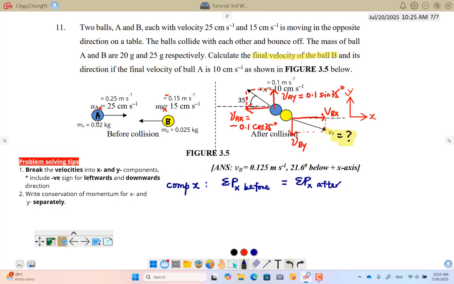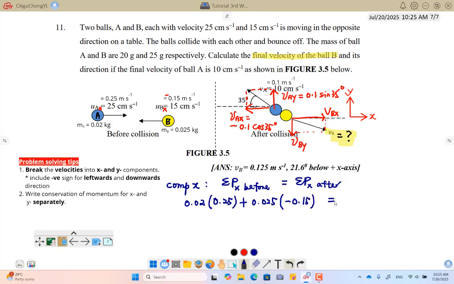So the total momentum X component before collision must equal the total momentum X component after collision. So before collision, we have ball A moving rightward at 0.25 meter per second along the X axis. So 0.02 multiplied by 0.25. Plus we have ball B moving leftwards with a velocity of 0.15 meter per second. So we have the mass 0.025 for ball B and the X component for ball B before collision should be negative 0.15.